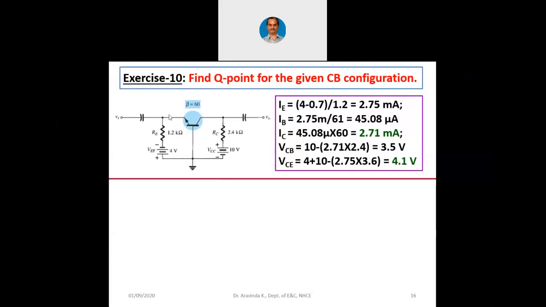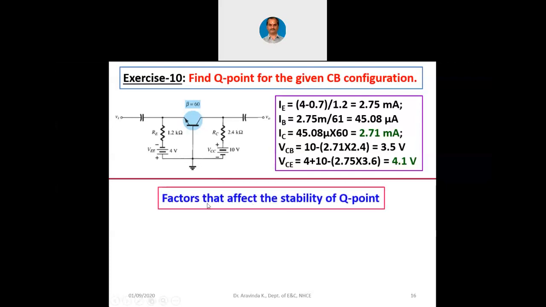Let us discuss a little more about what is meant by stability. Factors that affect the stability of the Q point. In any circuitry, whether it is common base, common emitter or common collector, what we want is for the Q point to be highly stable.